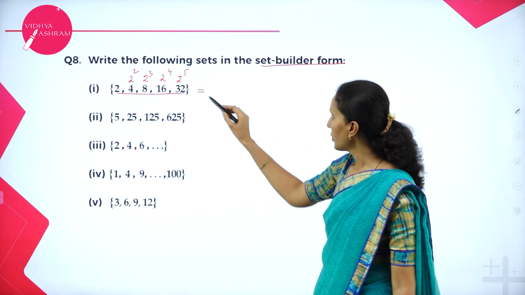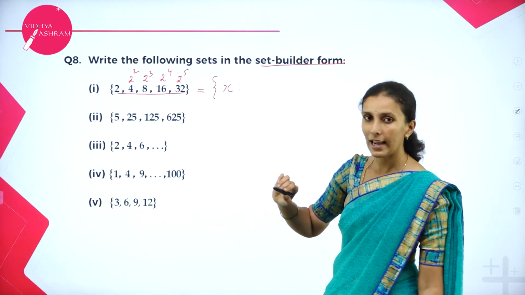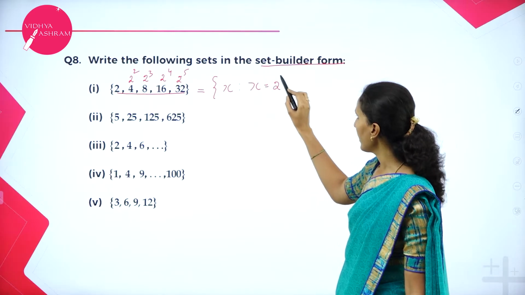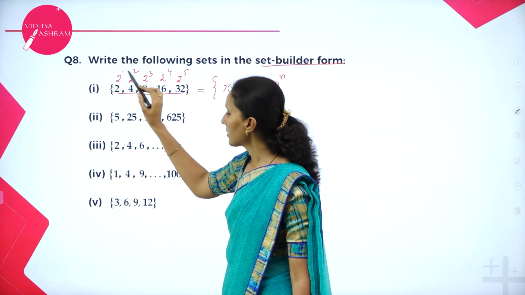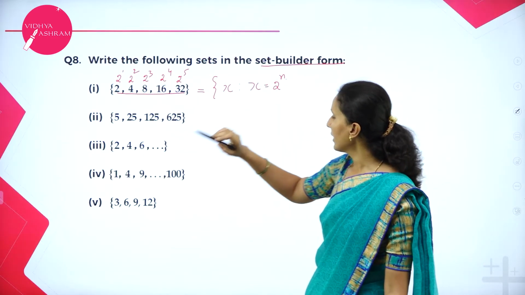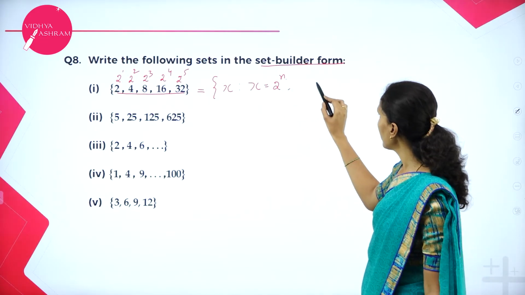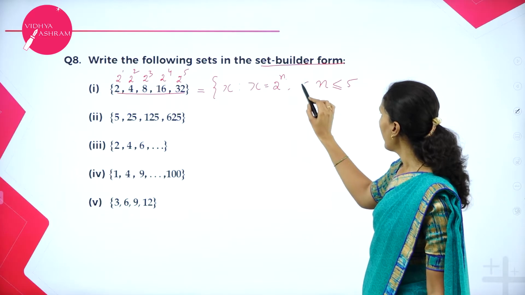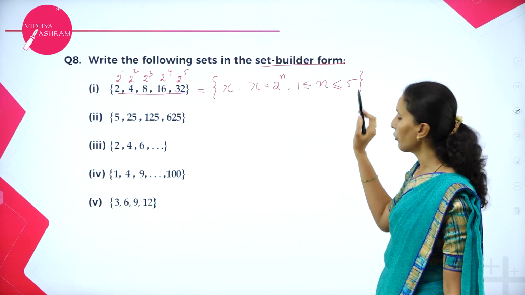I'll write the condition like this. It is the element X such that X is equal to 2 power n. But what is the value of n here? It is from 1 to 5. So what is the condition on n? n must be between 1 and 5. So you can put the values from 1 to 5.